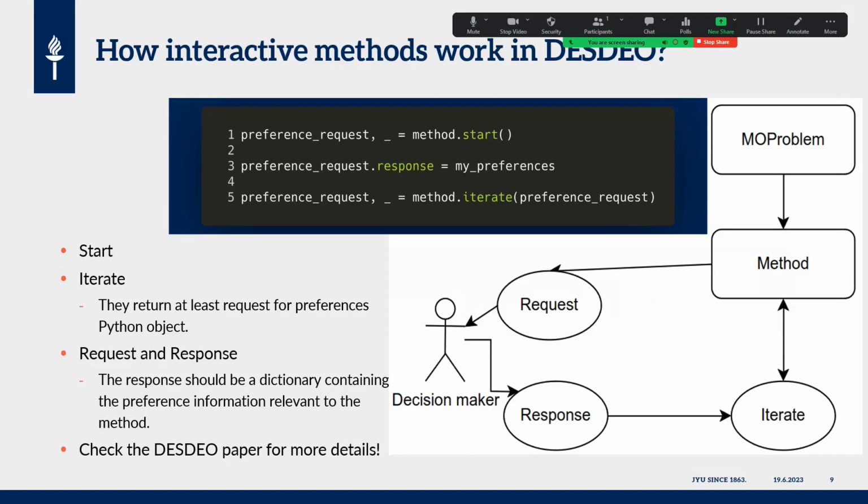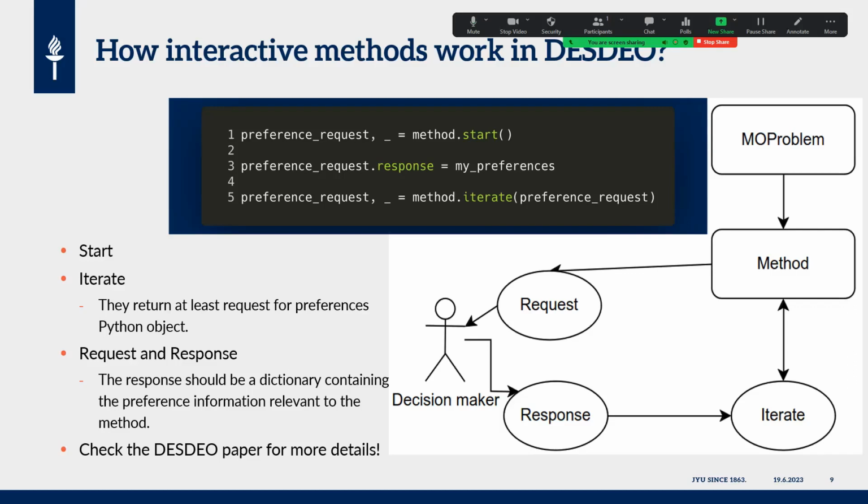And how do these interactive methods work in DESDEO? The main idea is that we have at least these two functions. These methods start and iterate. Every interactive method in DESDEO has to do this. We need to get started, of course, and these methods always return at least this reference request object.